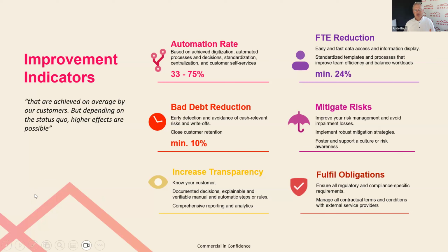I think that's clear. I mean, reducing the people's workload, FTE reduction, minimum 24. Usually we achieve at least 30%. So that's clear, right? If you replace manual work by a digitized product or by a digitized process, it definitely helps you to focus on, let's say, the more value important tasks instead of searching for a company again, or, oh, there is a change, I maybe need to recalculate all my scores.